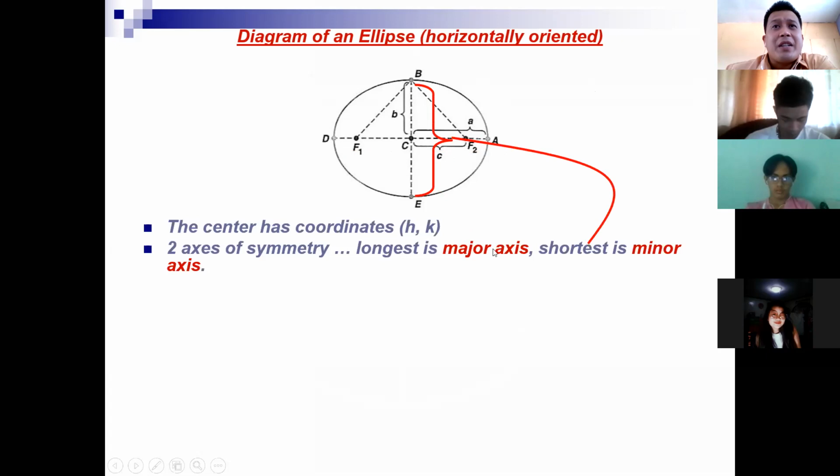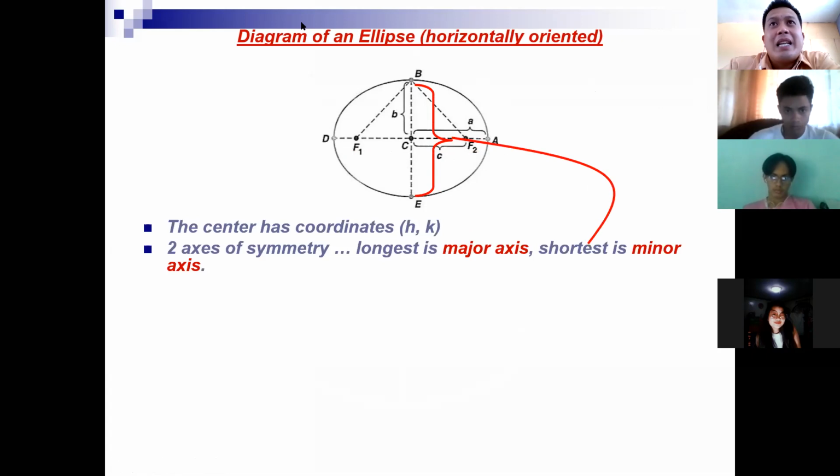In some references, we call the major axis as the transverse axis and then the minor axis is conjugate axis. But these terminologies will be discussed further when we have the hyperbola, because the transverse and the conjugate axis is mostly common in hyperbola. But for the time being, we'll use the terms major axis and the minor axis.